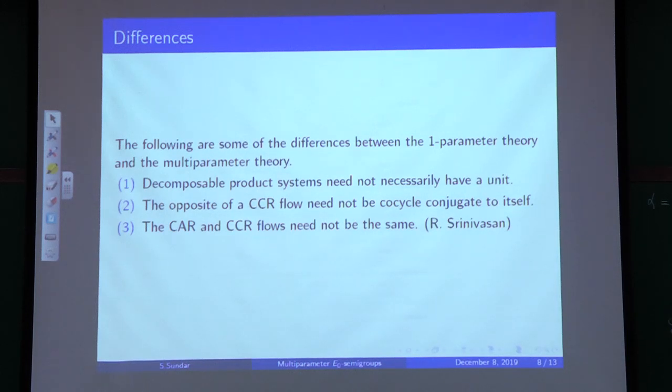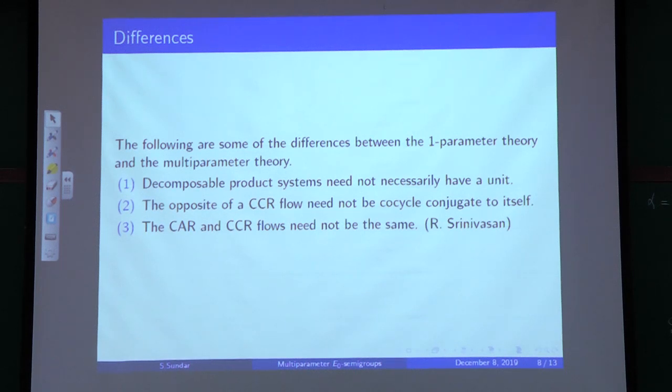In the one parameter case, if you take the CCR flow, the opposite will again be a CCR flow, and it will be the same CCR flow. The CCR flow is the one where, from an isometric representation, you can construct two E0 semigroups. One is through the CCR construction, another is through the CAR construction.